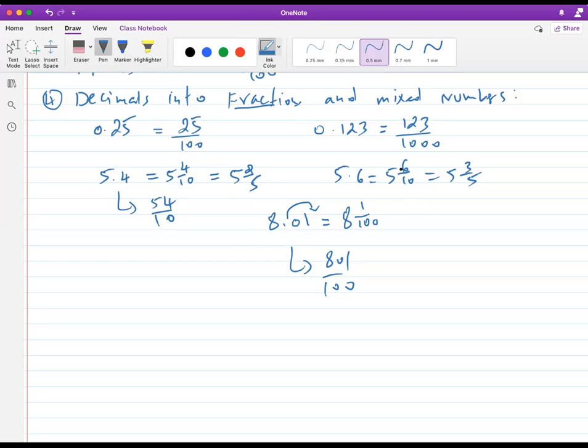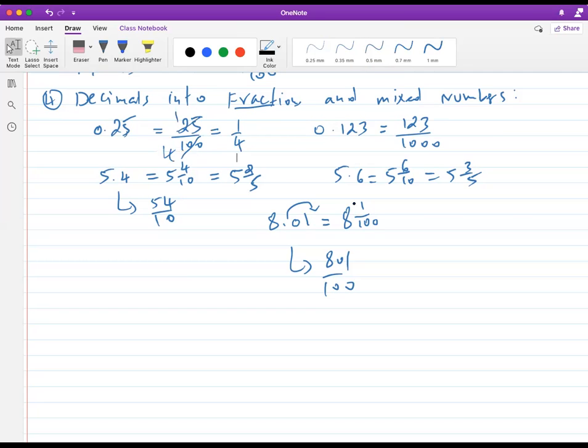For this one, we turn it into a fraction. Can we simplify it? Yes, by 25. 25 goes into 25 once, and into 100 four times. So 1/4. So the question will ask you to turn it into a fraction and reduce if possible. But if it says turn it into a mixed number, then you do this. This is an improper fraction. This is a mixed number.